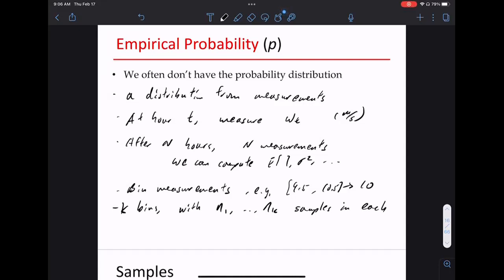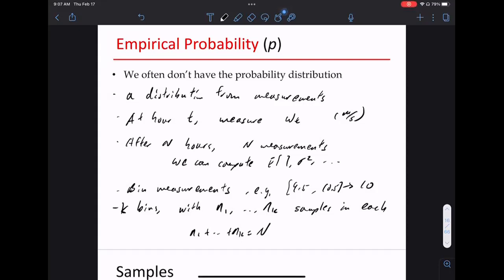Now, instead of taking all the measurements, we can just do it with k values, looking at the value each bin is assigned to. When you add these up, you just get the total number of measurements back. So this is our procedure.